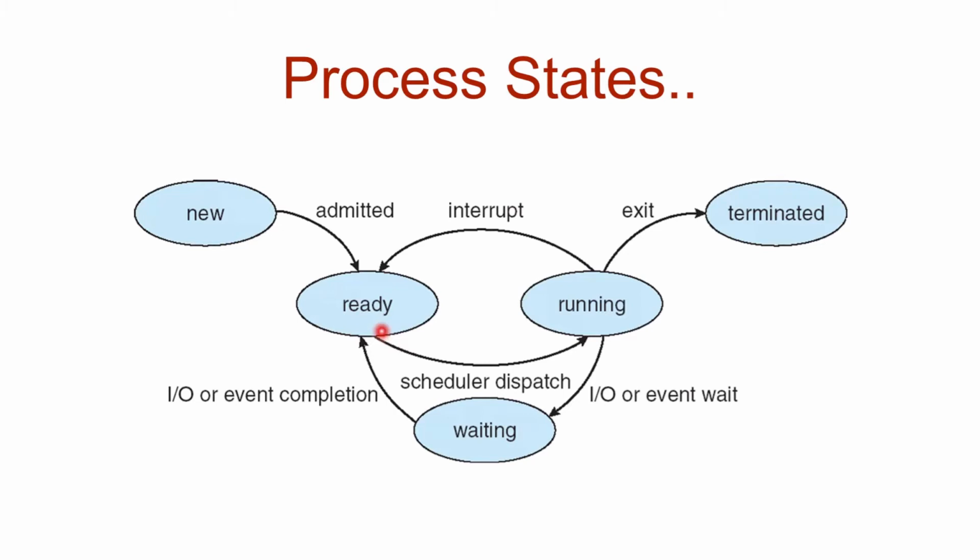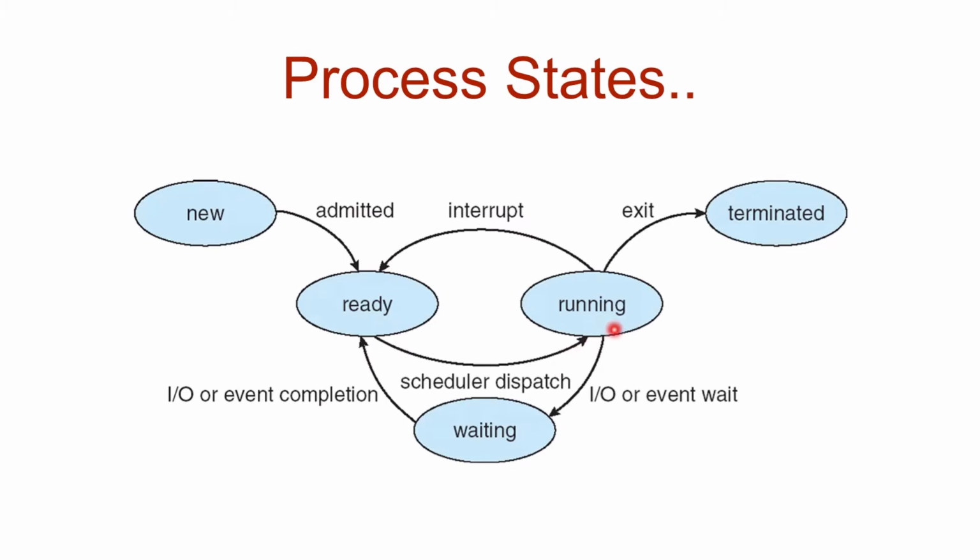Now, when the scheduler selects a process from the available processes in ready state, that process is dispatched to the CPU for execution. Now the process is running on the CPU, and so the state of the process is running state. When the process is executing on the CPU, it might need some input output.